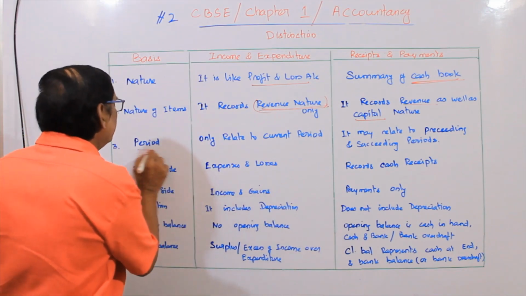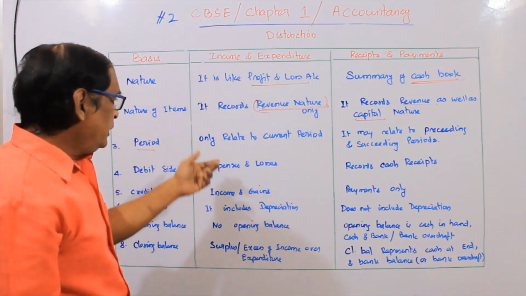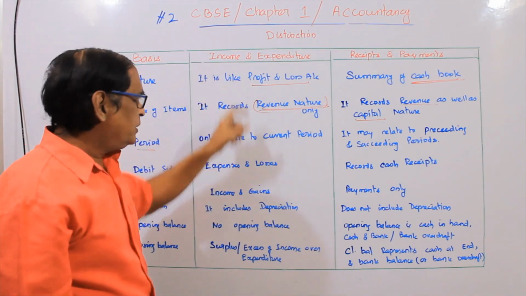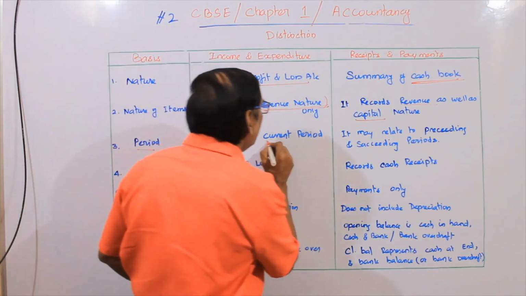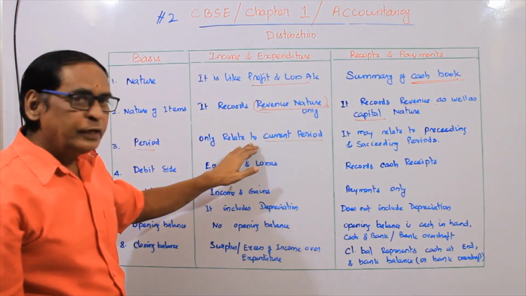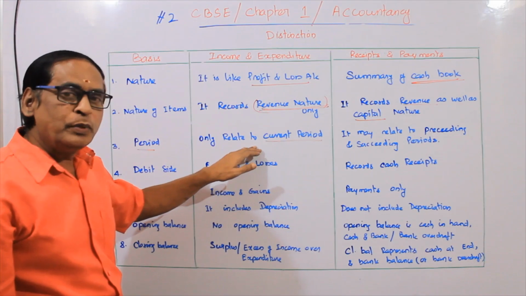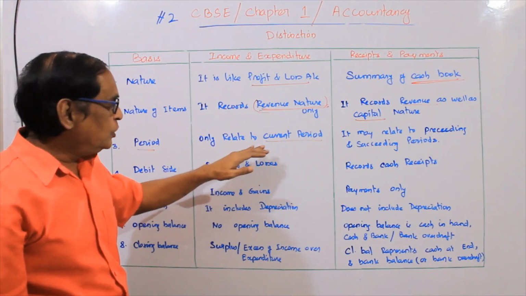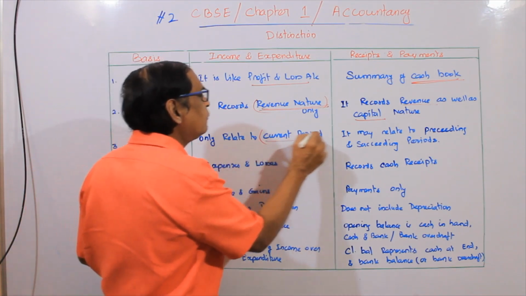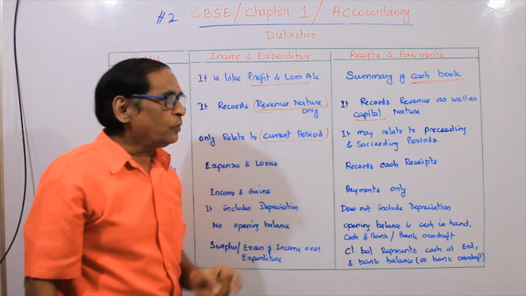And then period. All transactions mentioned in income and expenditure account must relate only to the current period. We should not enter transactions relating to preceding and succeeding periods. We should enter only the transactions of the current period. Be careful in income and expenditure account.